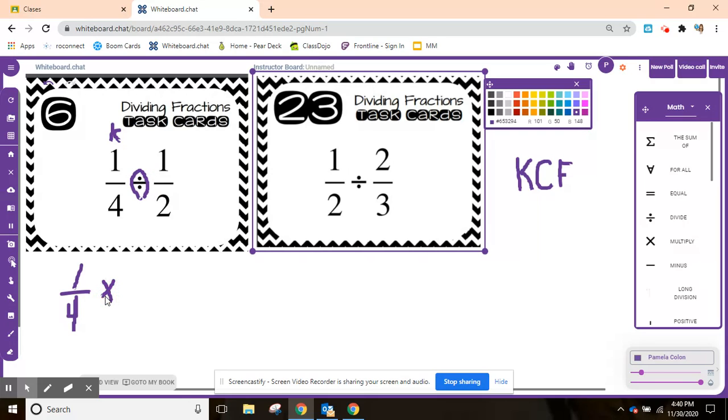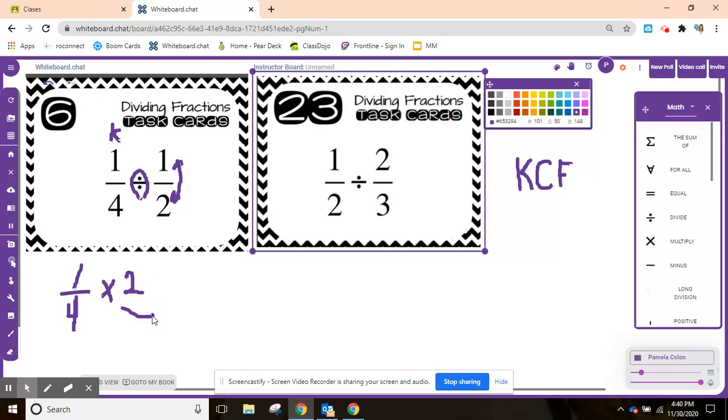every time. And then with my 1/2, all I'm going to do is just flip it. So the 2 and the 1 are just going to switch positions, the numerator and the denominator. So the denominator, which is the number 2, is going to go on top.